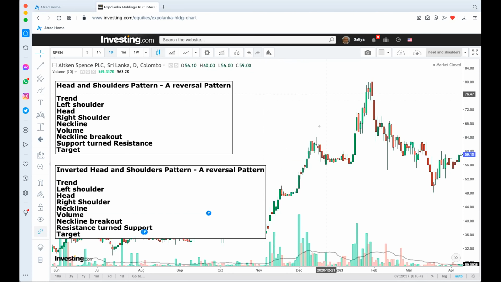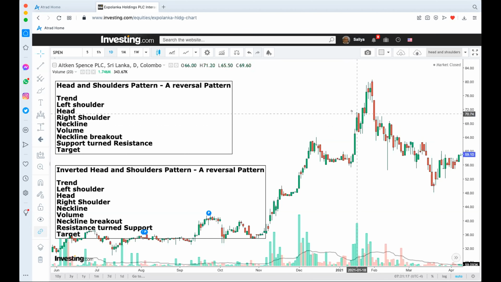Now, in this case, we are going to do that by using the price action of Aiken Spence during the month of January onwards. You can see that there is a rally. There is a reversal here. Thereafter, there is a rally. Pausing here, then comes down, making a swing high.